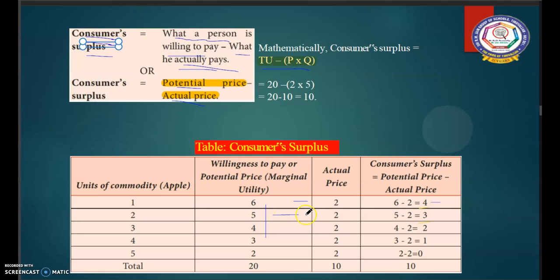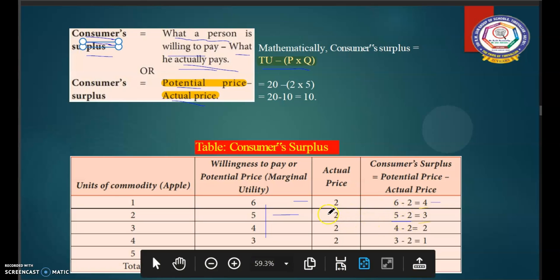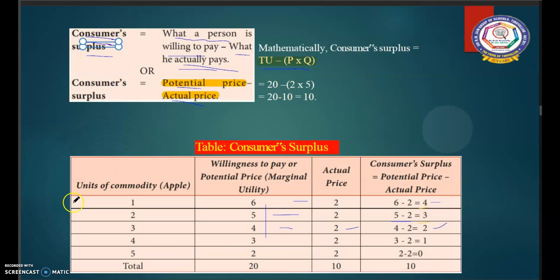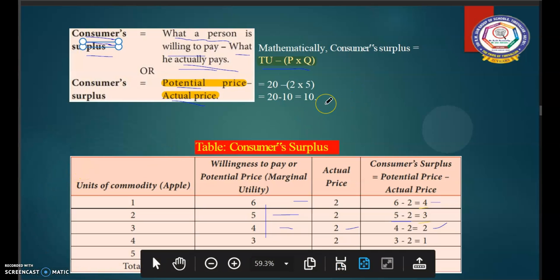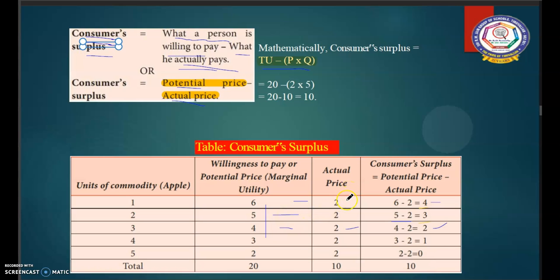In the next unit he was willing to pay 5 rupees, but the actual price is rupees 2, so 5 minus 2 is 3. In the third unit the potential price is rupees 4 and the actual price is rupees 2, and here the consumer surplus is rupees 2. Now if we add all the potential prices, we get a total of 20, and the actual price is 2.